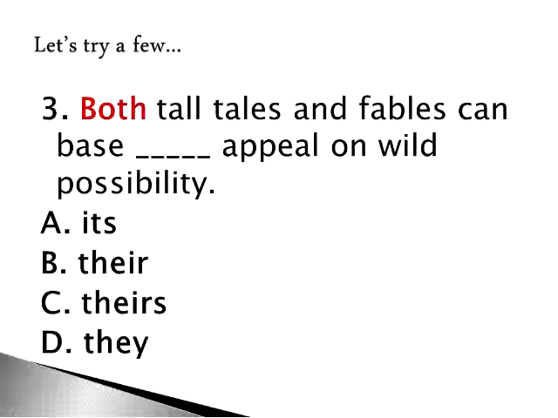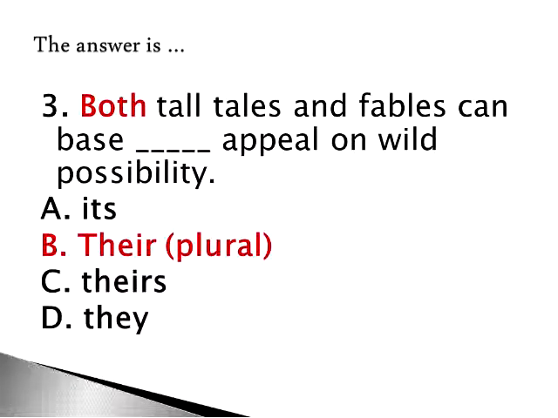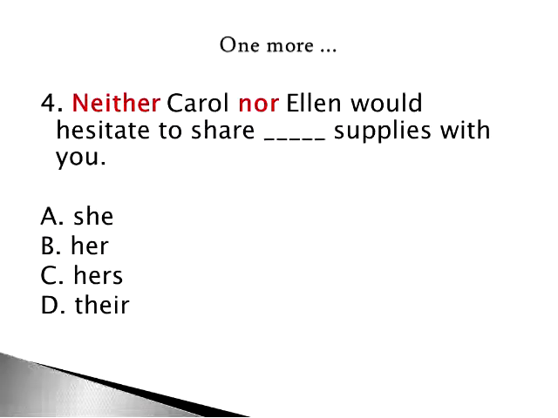Okay, so let's see number 3. We have both tall tales and fables can base their, okay, we're talking about more than one. So that is correct. What about number 4? Okay, which one's grammatically correct? We went over the list of the pronouns that are always plural, the ones that are always singular.